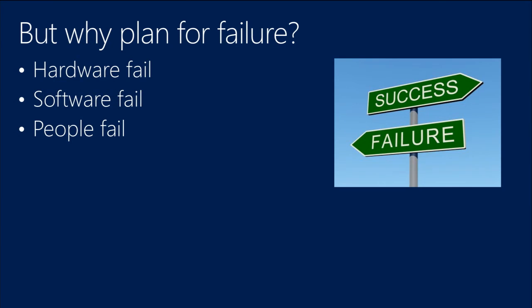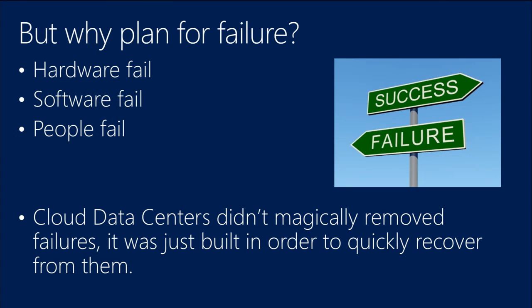Sorry. So one of the things in the cloud data center, they didn't magically remove all this. They just created a way to quickly recover for them. In terms of people, what did they do? They tried to automate everything. From a build server, for example, we tried to automate everything in order to make sure there are least failures and people don't fail.